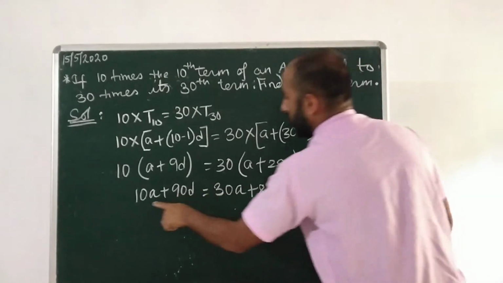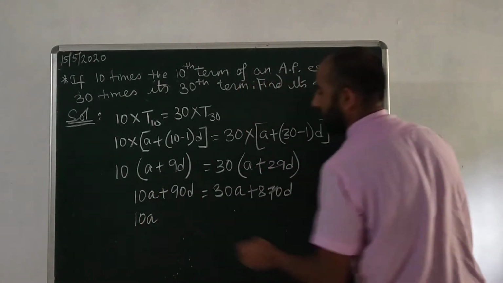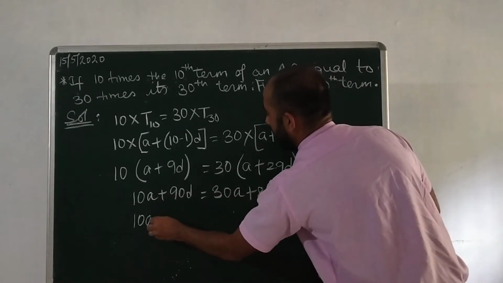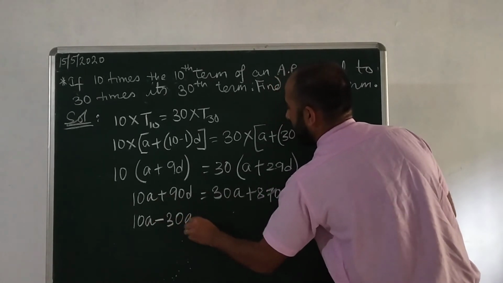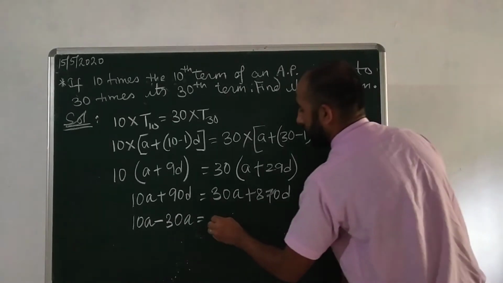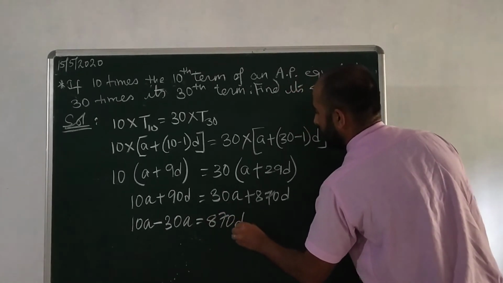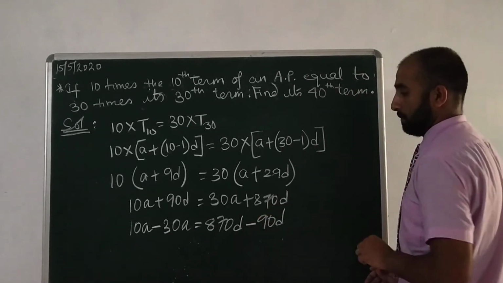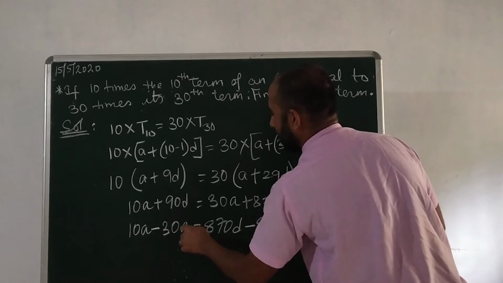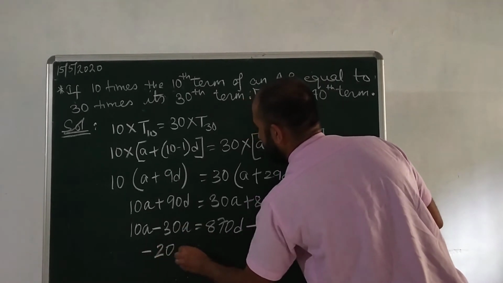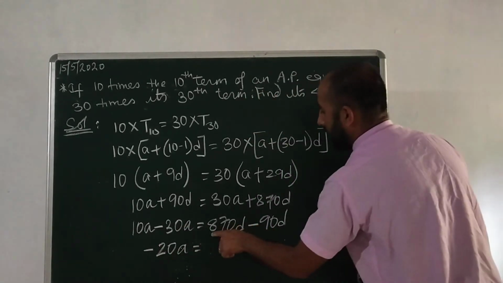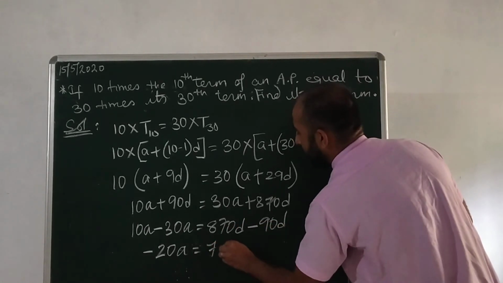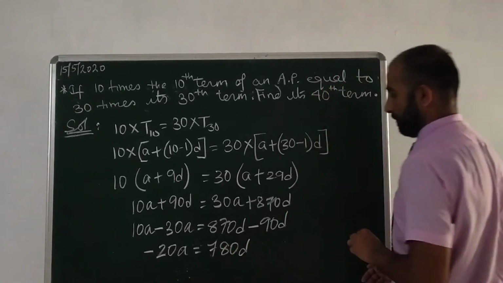Okay, so I'm going to take A one side and D the other side. 10A, bring this to that side, minus 30A equals 870D. I'll bring this side, so minus 90D. Okay, 10A minus 30A will give you minus 20A equals 870D minus 90D, which will give you 780D.